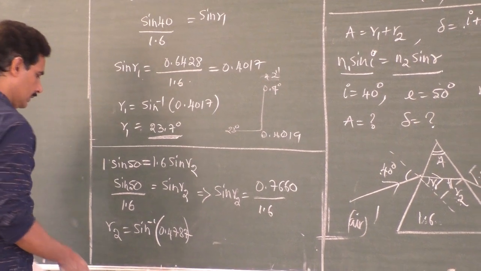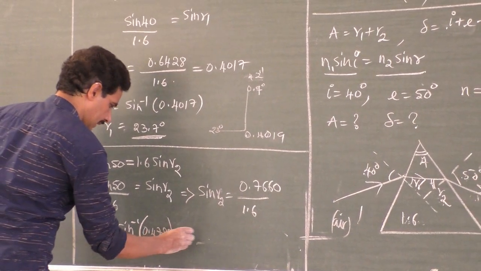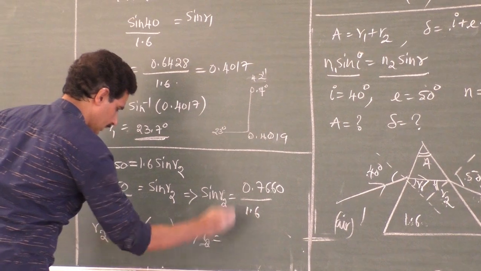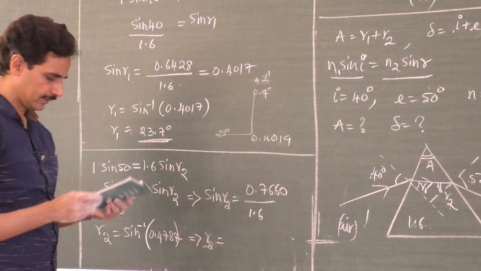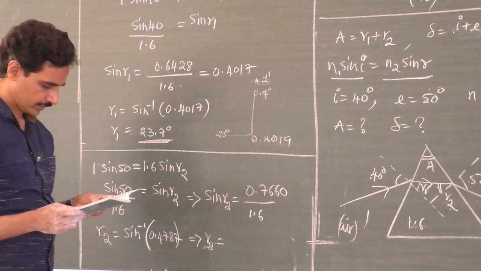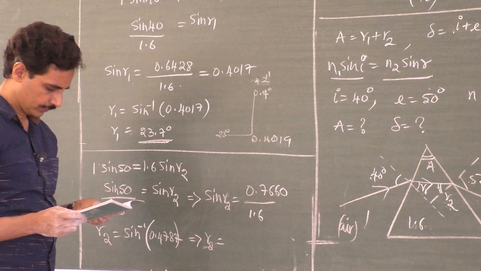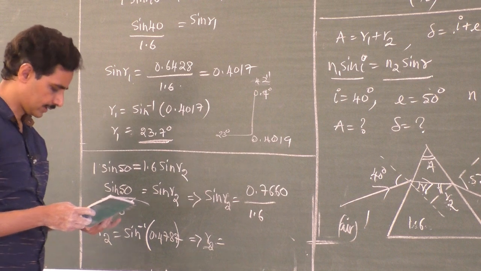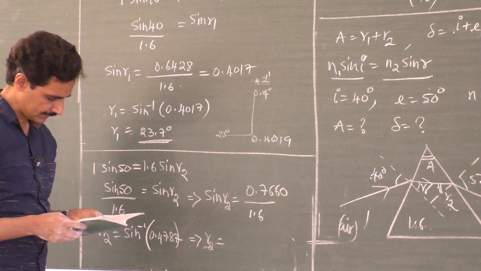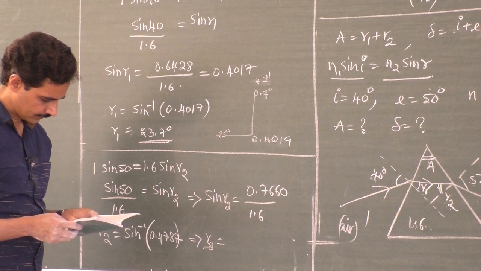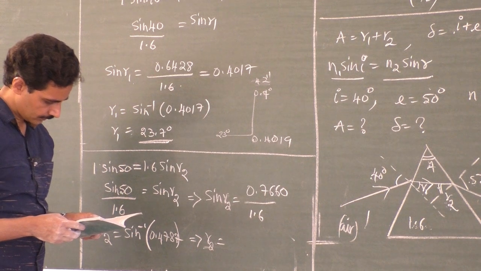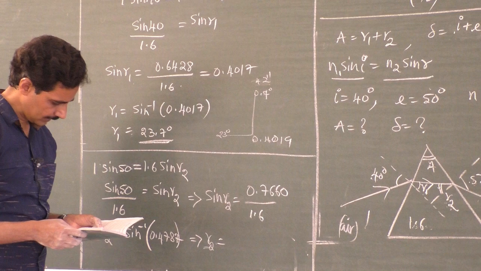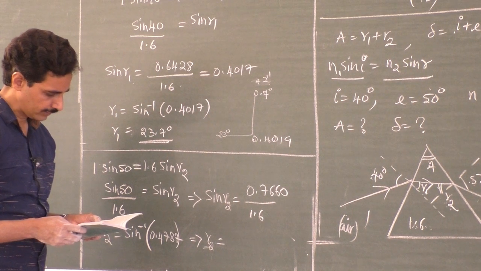Now you have to get the sine inverse of this. R2 is equal to, search for 0.4787 in the sine table. Oh, you have the same number, 0.4787, at 28 degrees, 0.6 degrees.